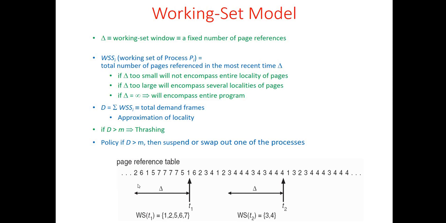These are all the pages referenced in this window period. Coming to the second window period t2, the pages referenced in this window are 3 and 4 only. Therefore, in the t1 window, the frames 1, 2, 5, 6, 7 are required. In window t2, the frames 3 and 4 are required.